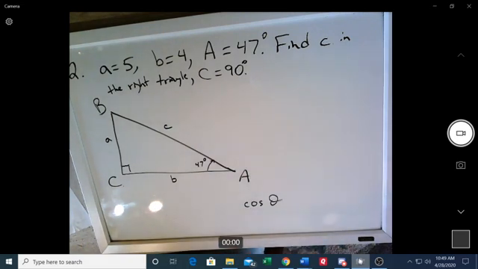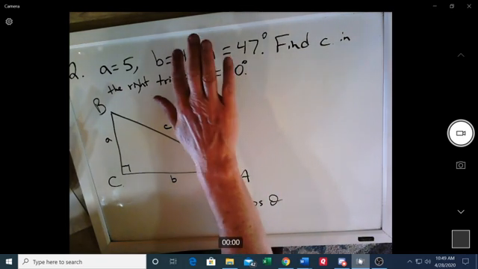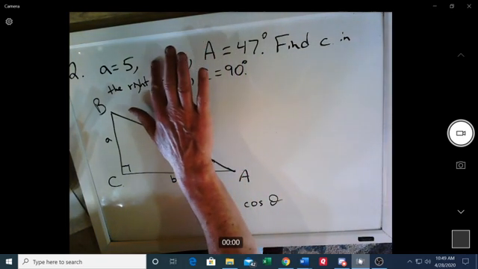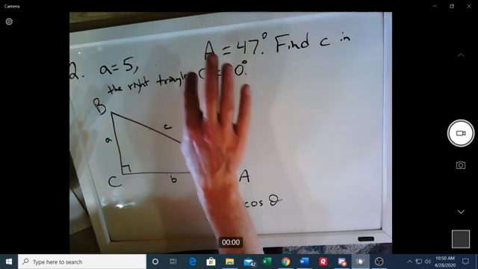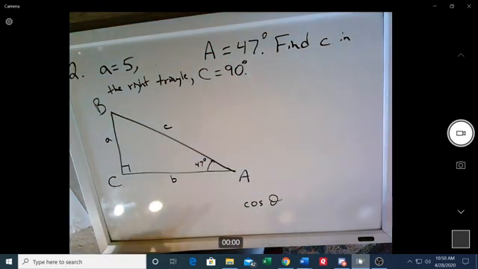So now go ahead and find little c. So suppose all you know is cap A is 47, and little a is 5. Then find little c.